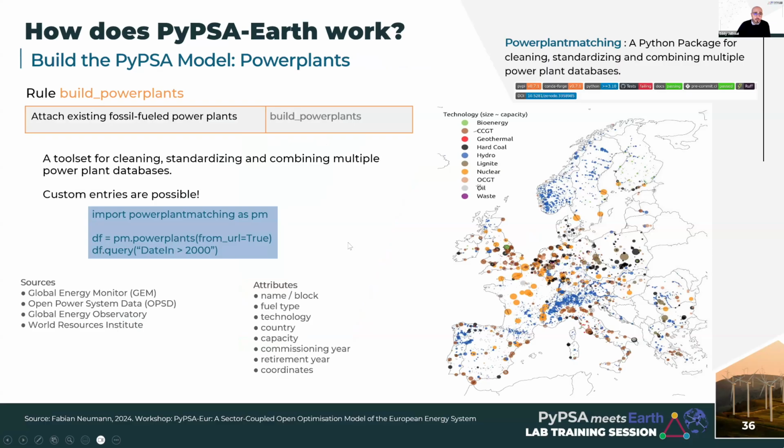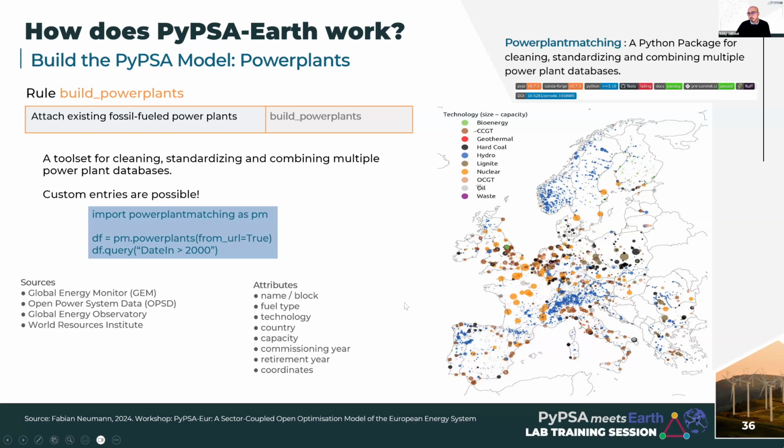Now there is also afterwards the rule build power plants, and with this we also use a Python package that was developed by the PyPSA community, called powerplantmatching, which downloads and curates multiple sources of data. For PyPSA-Earth itself, there are multiple sources, let's say the Global Energy Monitor, OPSD, GEO, and WRI.